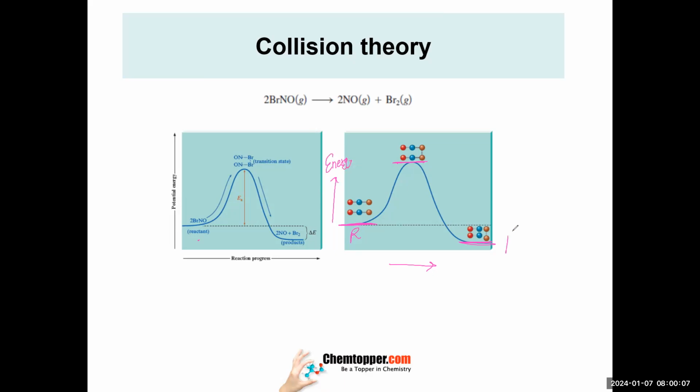This is the energy of the product. And this one is transition state, which you can write as TS. Transition state has the highest energy, because bond breaking and bond formation is taking place, right?